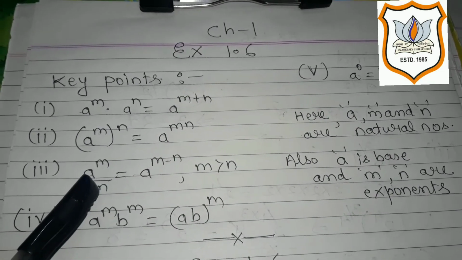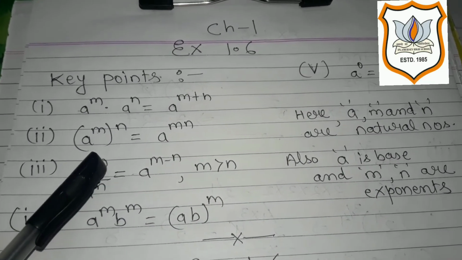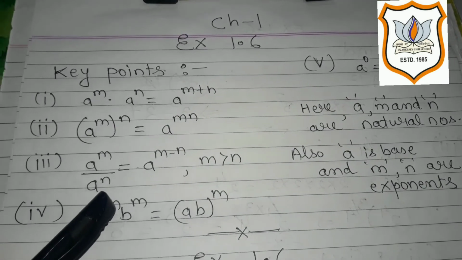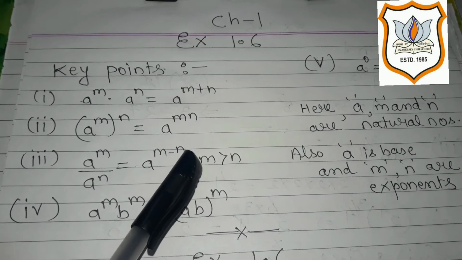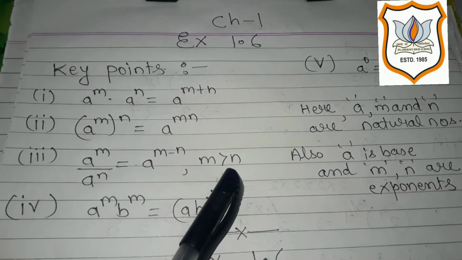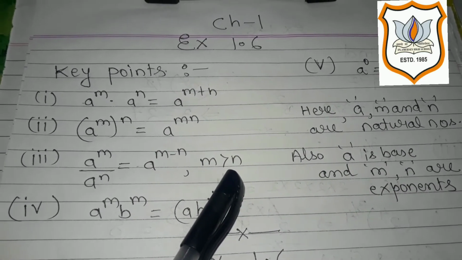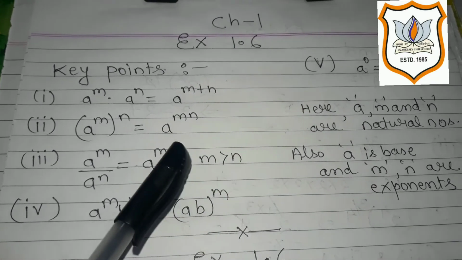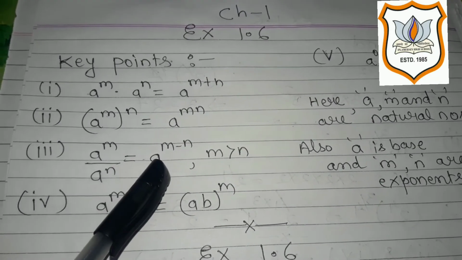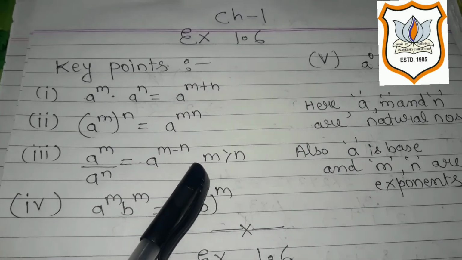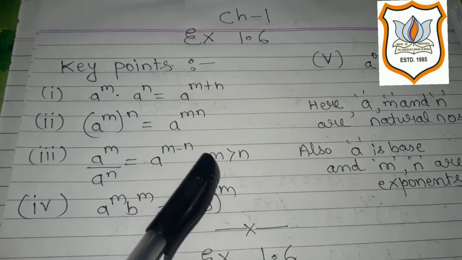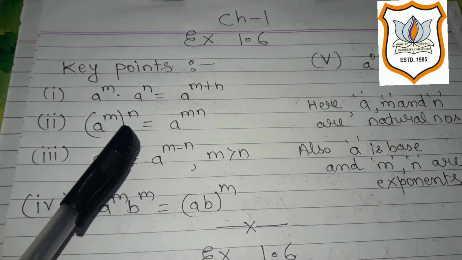The next one is the division, a to the power m divided by a to the power n, which is equal to a to the power m minus n, where m is greater than n. Or in some case, if n is greater than m, then we will write a to the power n minus m. We have already discussed these identities in earlier classes.